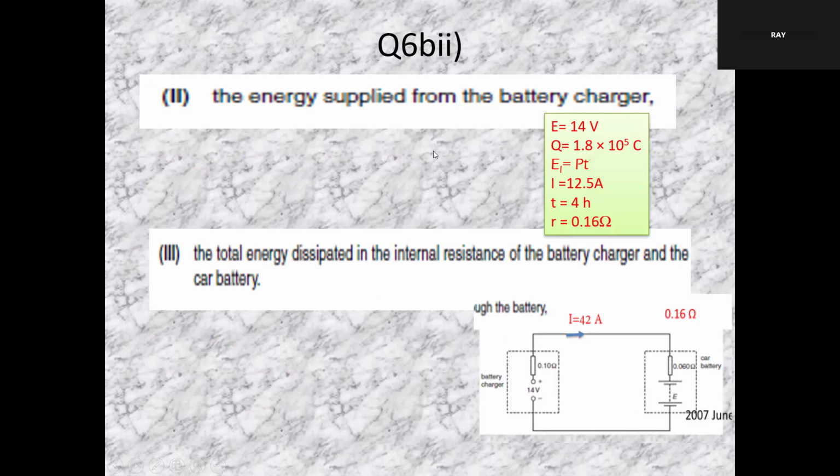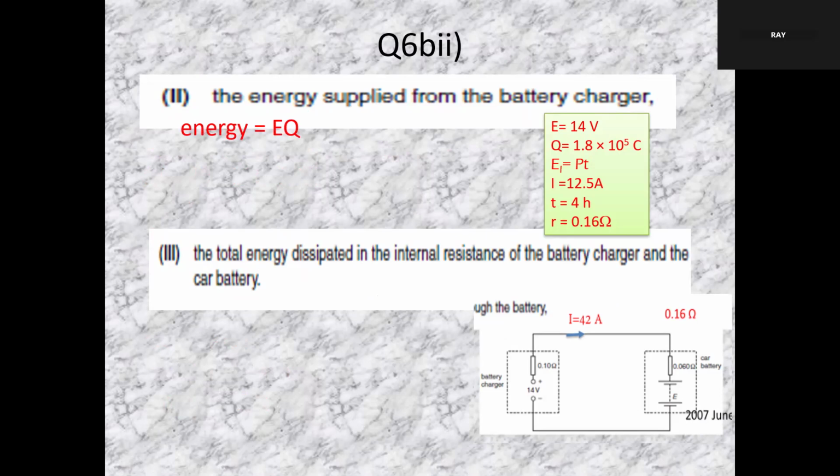Energy supplied from the battery charger. What to do? V times I, no? Oh, sorry, E times Q. V times I is power.